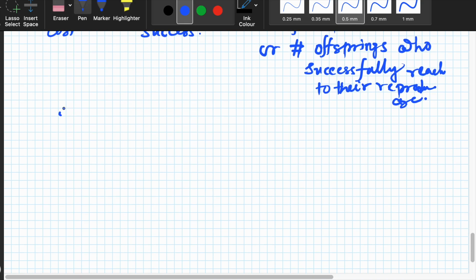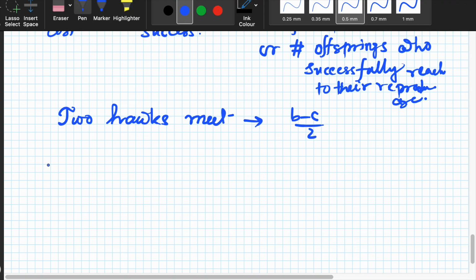The expected payoff for each, because one can win, will be B minus C by 2. The fight will escalate and one hawk will win while the other is injured. Since both hawks are equally strong, the probability of winning or losing is half.